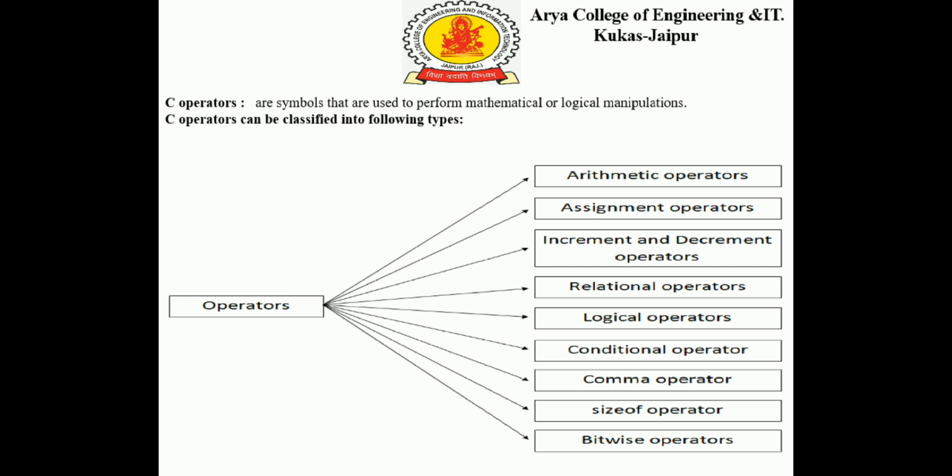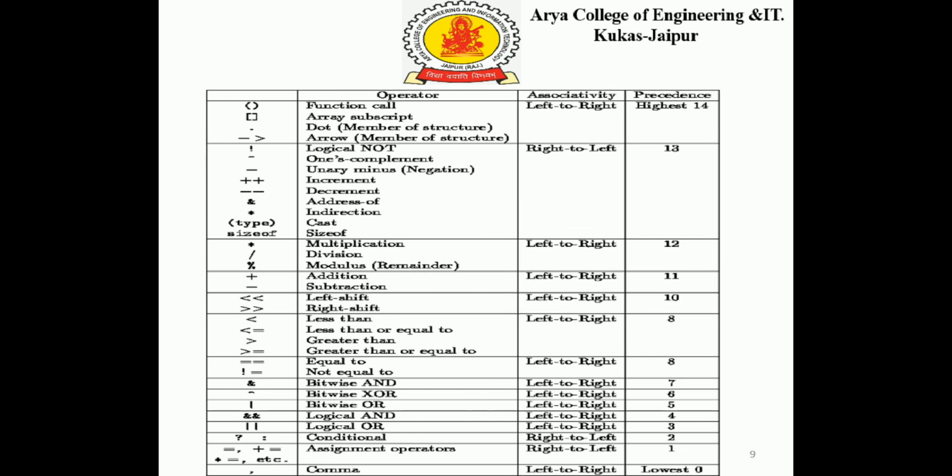Then the sizeof operator performs on a specific data type to give its size, meaning if it is operated on integer, it will return 2 bytes as the size. Then bitwise operators operate at the bit level. All these operators are shown in the table with their precedence, associativity, and names. We can go through them.